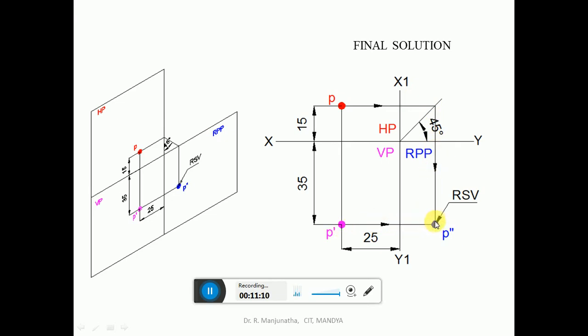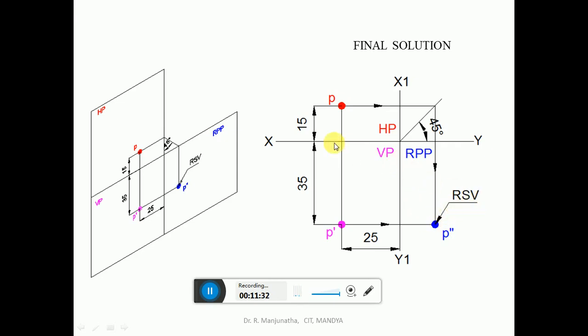Both will intersect at this point, which is marked as P double dash. Then show the directions of projections as shown, and write it as the right side view because it is behind RPP. Behind RPP, the condition is satisfied only when you look from the right side view.